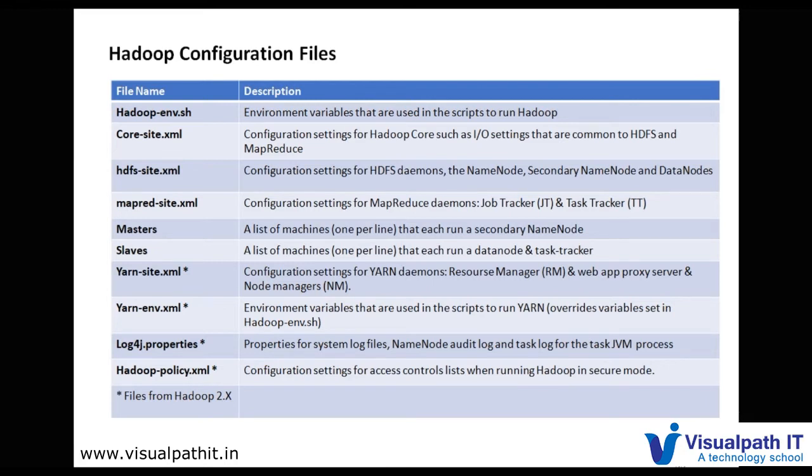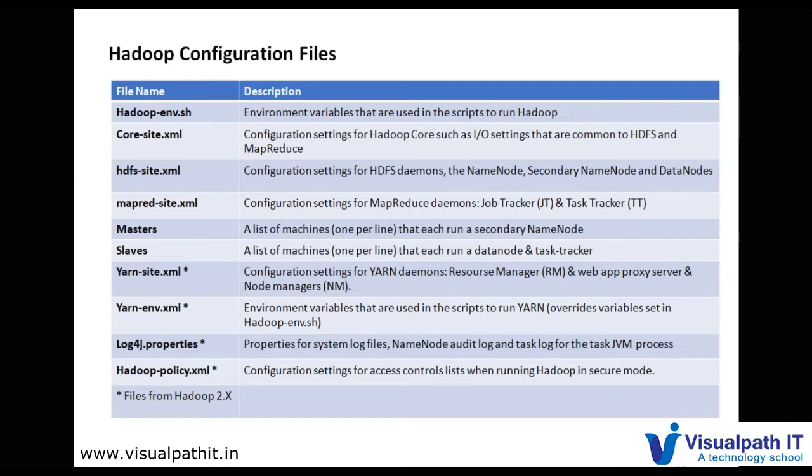Those are all the settings we need to configure in mapred-site.xml. Another is masters: a list of machines, one per line, that each run a secondary name node. We need to mention it here. And also slaves: a list of machines, one per line, that each run a data node and task tracker, which we need to provide.